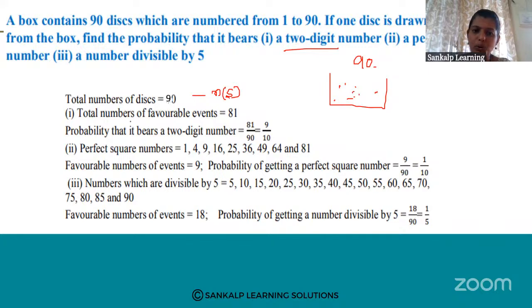Okay. The total number of favorable events. Favorable event means a two-digit number.